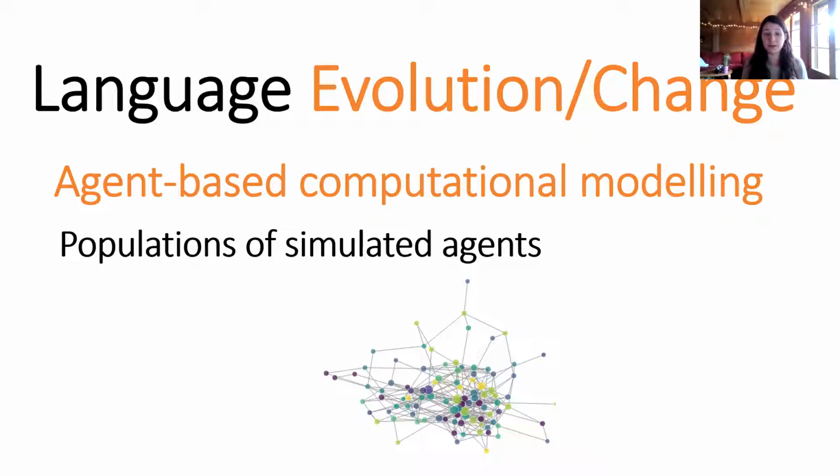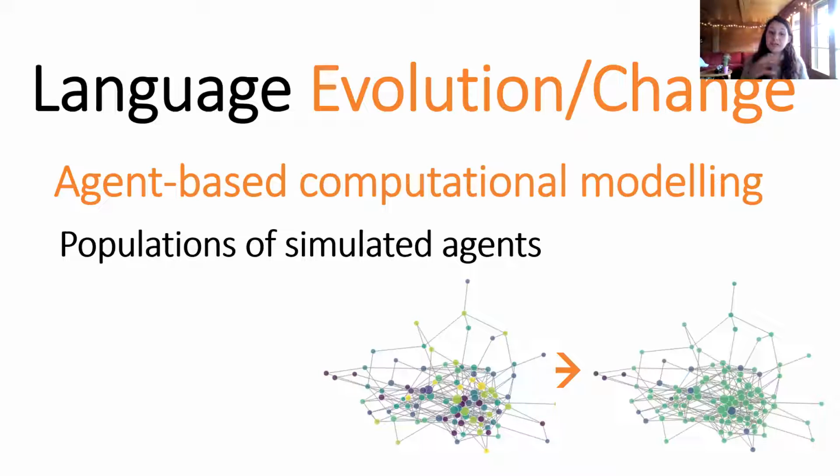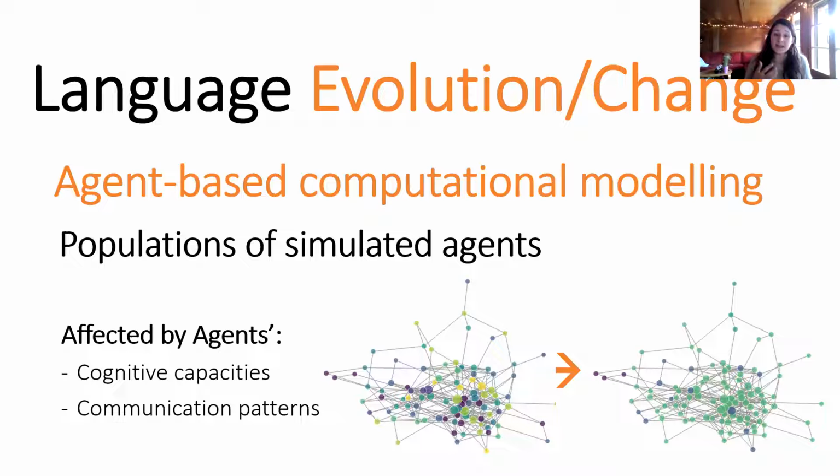They also use different variants. Then I examine how these variants tend to spread in a population over time until most agents are using the same variants, and you can say that a norm has been established. And then I can examine how this process of conventionalization is affected by the agents' cognitive capacities and their communication patterns.